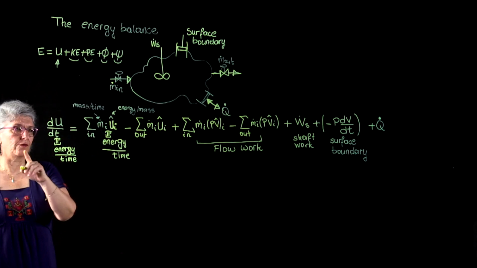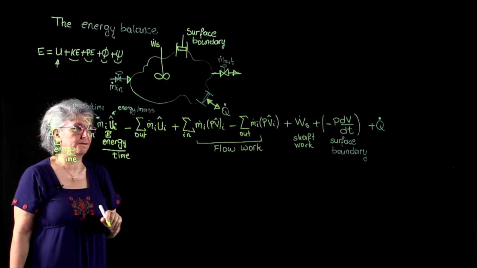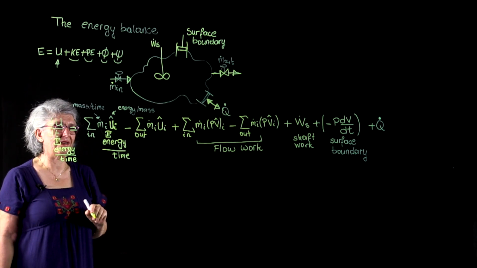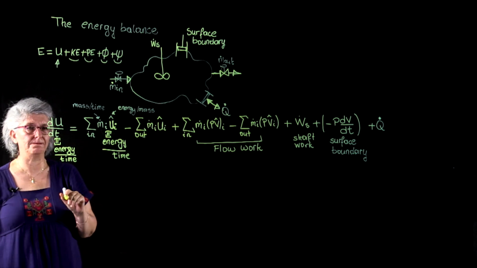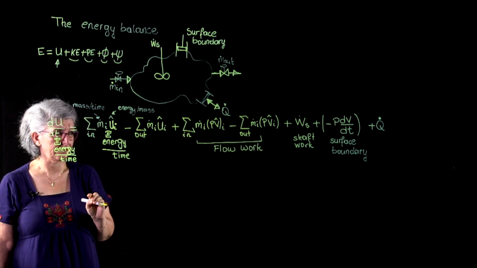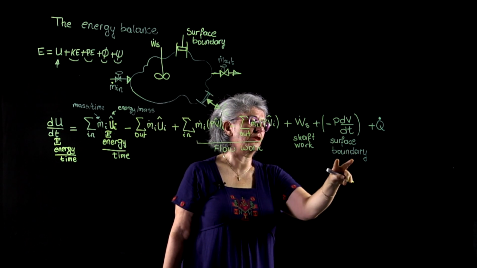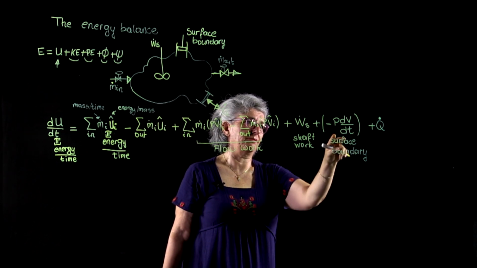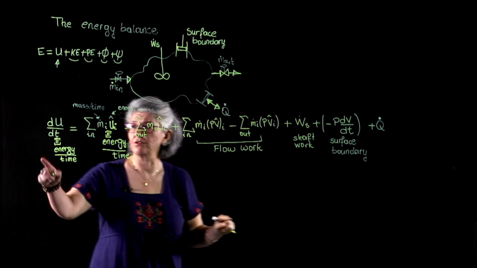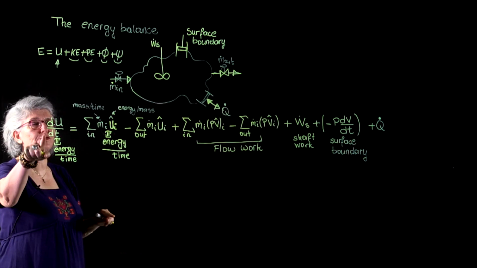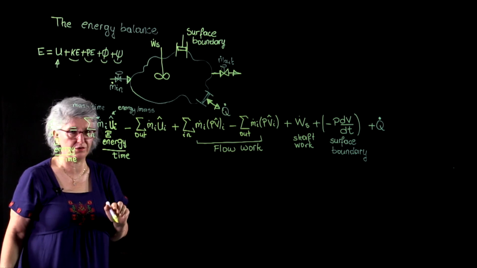The overall energy balance can be rearranged and simplified as follows. Now let's first bring the surface boundary work term, P dV over dt, to the other side of the equation, where we also have another d over dt term.